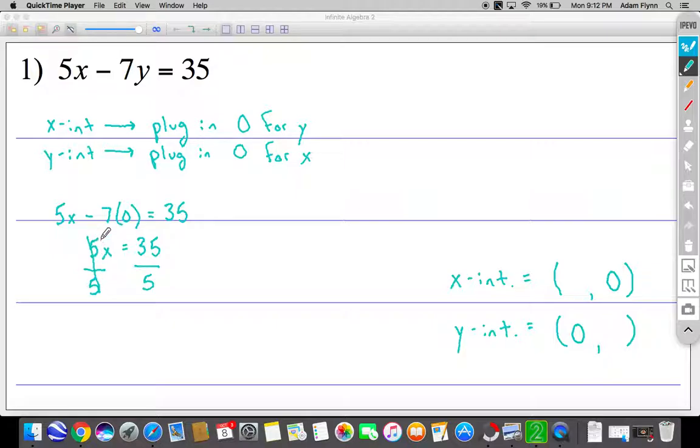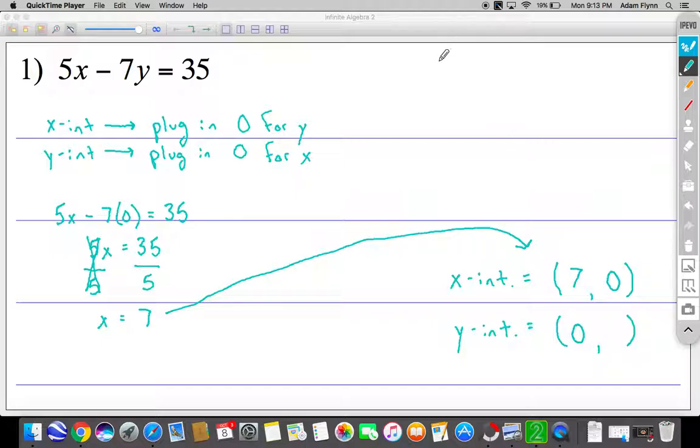These 5's cancel. So I end up getting x equals 35 divided by 5, which of course is 7. Okay, so this 7 is what we will plug in for x for our x-intercept. So we know this line crosses the x-axis at the point 7, 0.